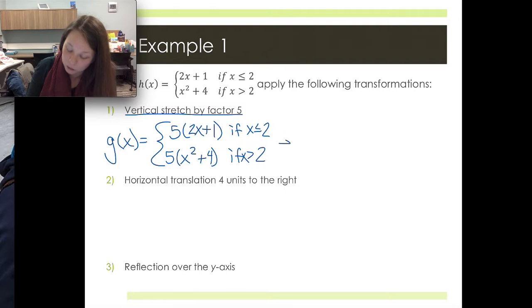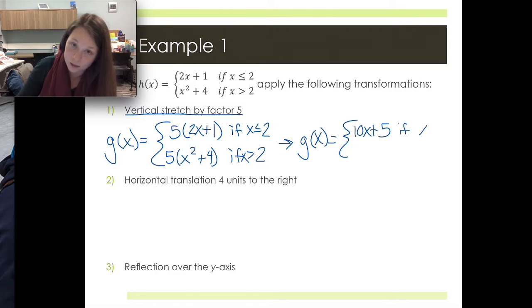Doing a little bit of simplifying, we would get a final answer of g of x equals 10x plus 5 if x is less than or equal to 2, and 5x squared plus 20 if x is greater than 2.